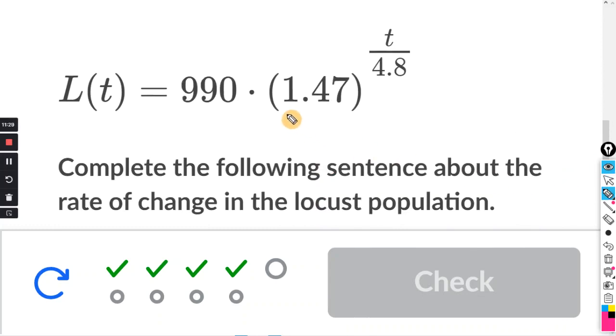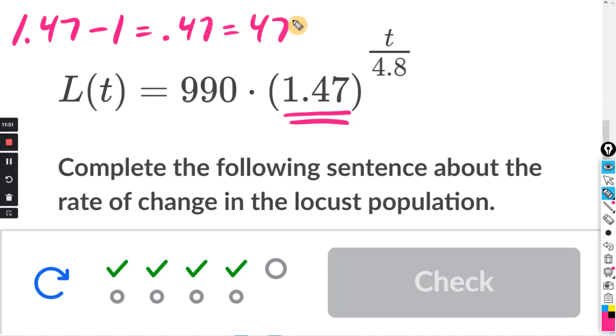This causes a gain of 47%. Okay, this is basically 147% minus 100%, so that's 47%. Right? We start with 1.47, subtracting 1, and that's 0.47, which equals 47%.